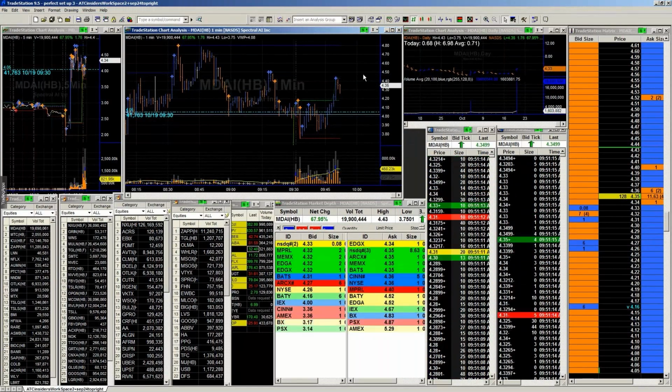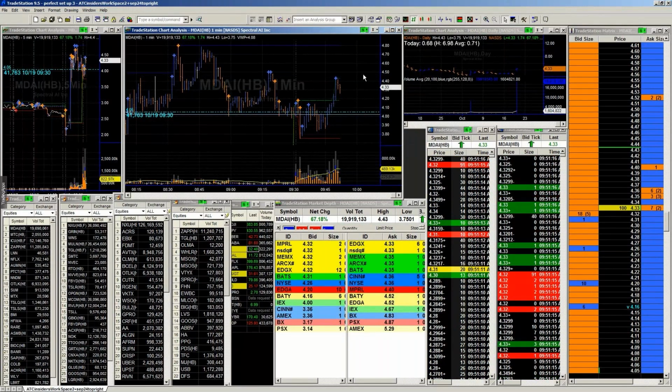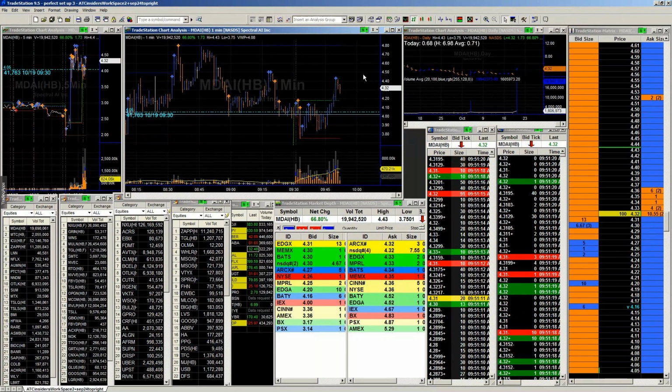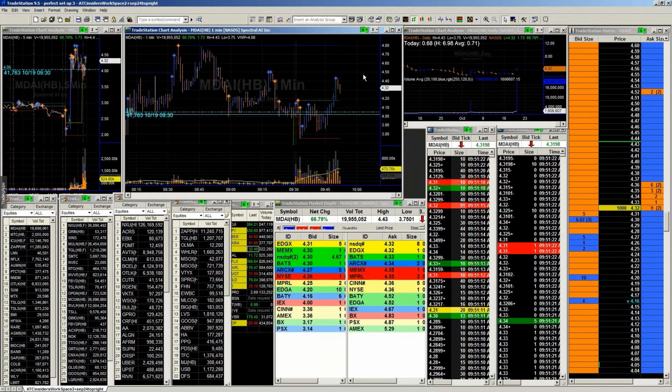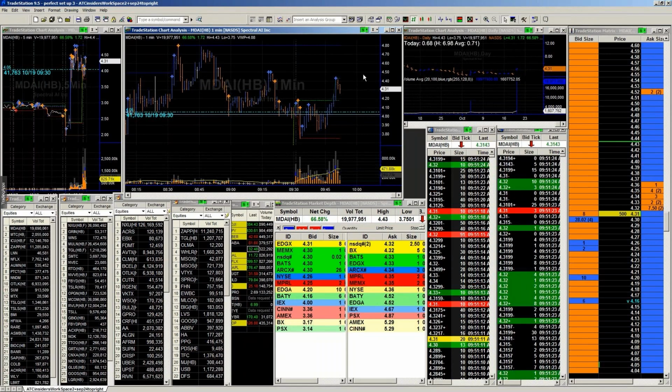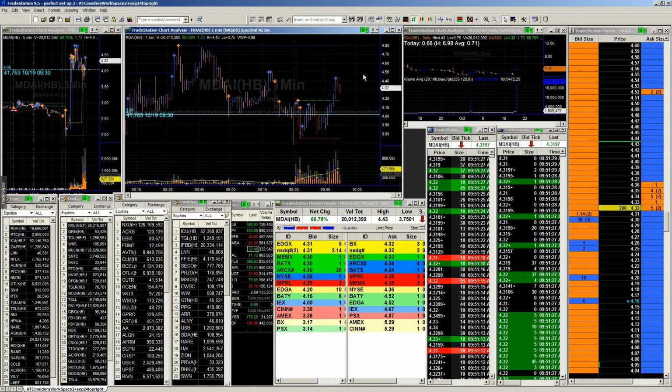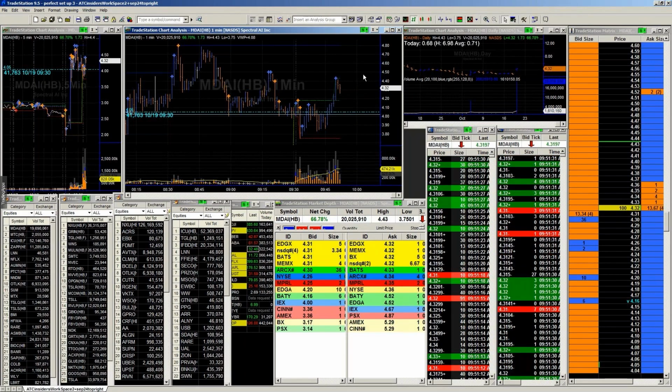What percent to lock in? Well, that depends. It depends on when your entry was. There's a bunch of different things. What do you think?